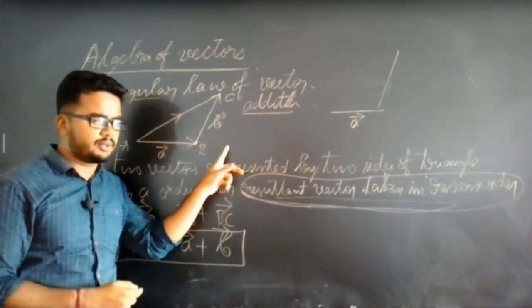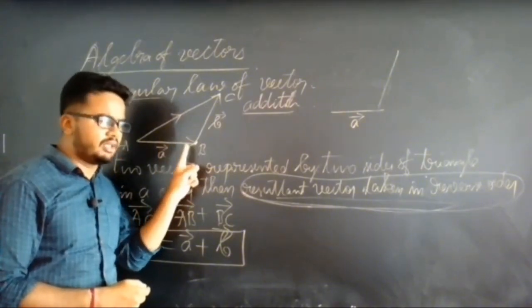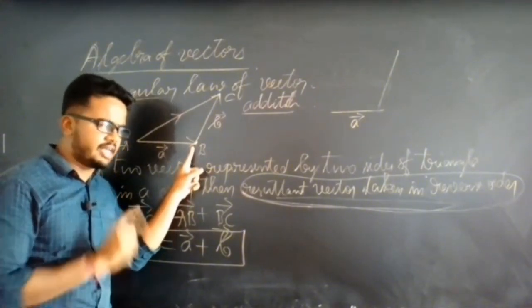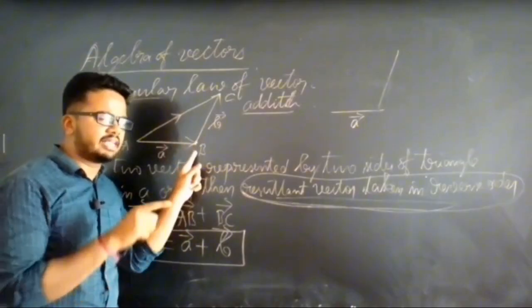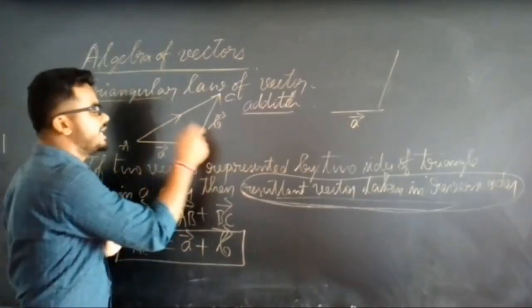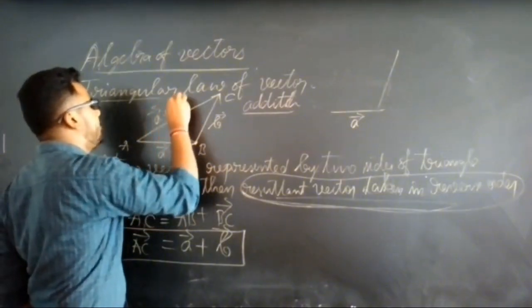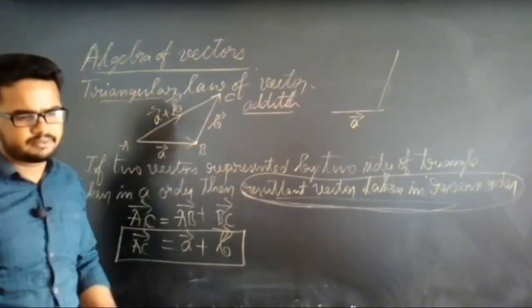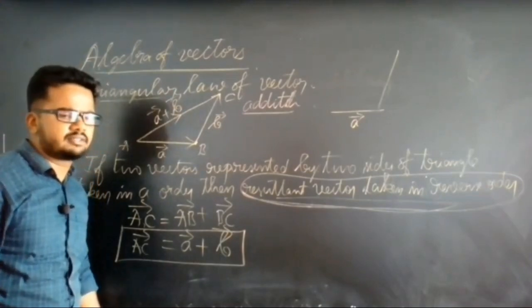Is this clear to you? If the terminal point of vector A coincides with the initial point of vector B, then we can get the resultant vector as vector A plus vector B. I think this one is clear to you.